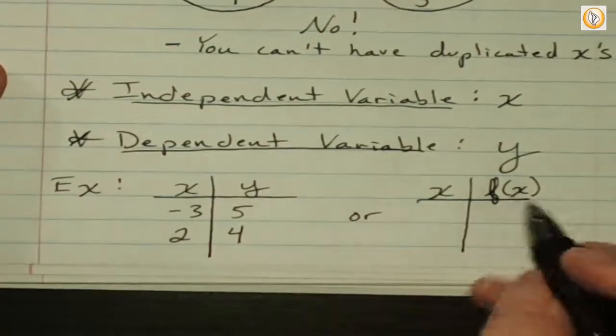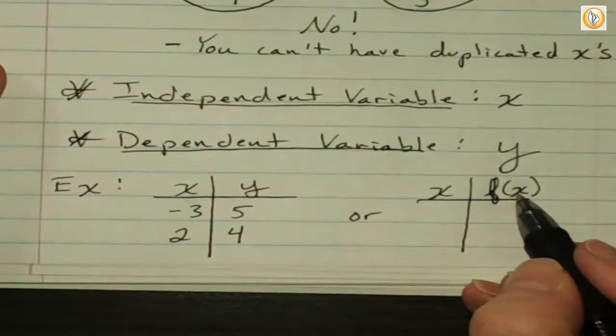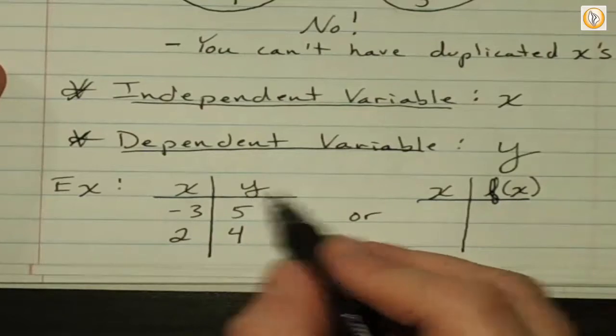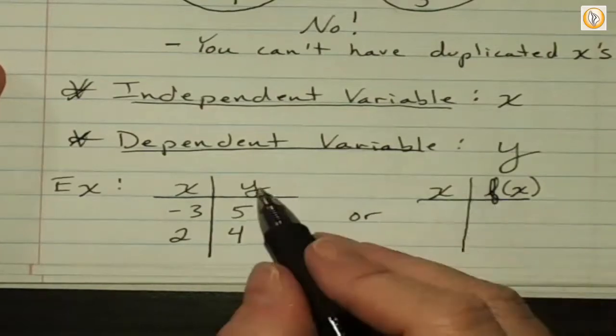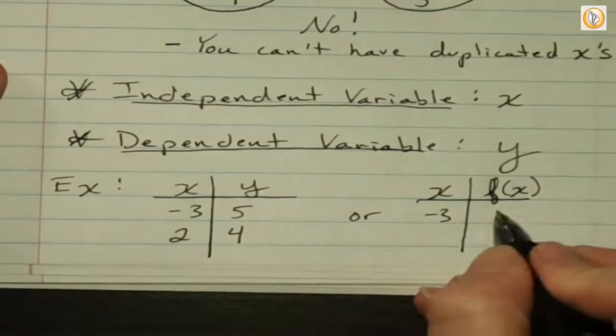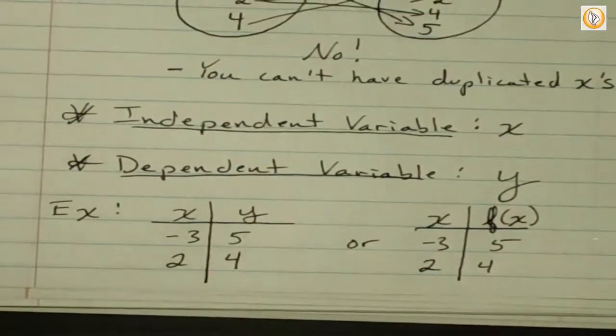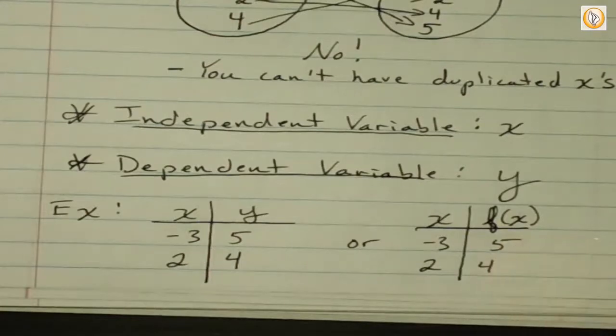Remember f of x? It's the same as y. Remember we talked about that? F of x is the same as y. Same thing. But because of what you're doing with functions, they call it different, because it's dependent on x. X is your independent variable. So whenever it's asking you to find a function, you're basically looking for y.